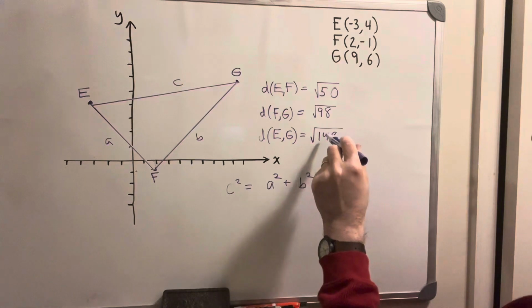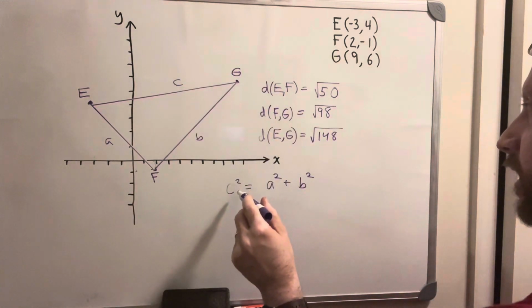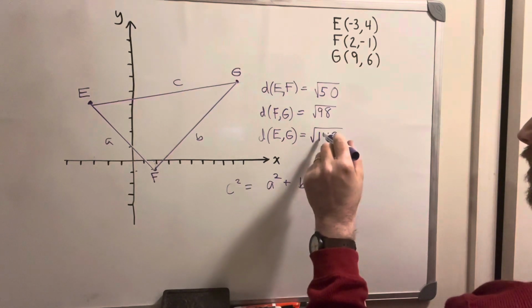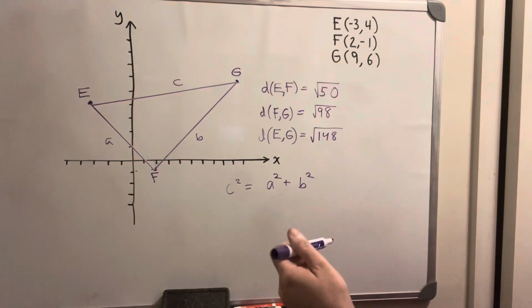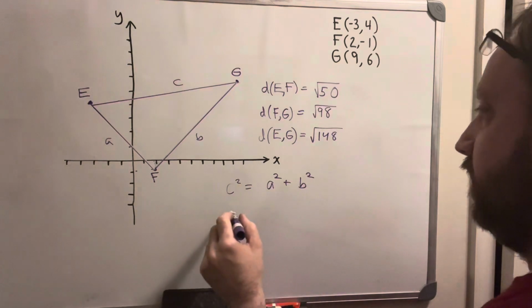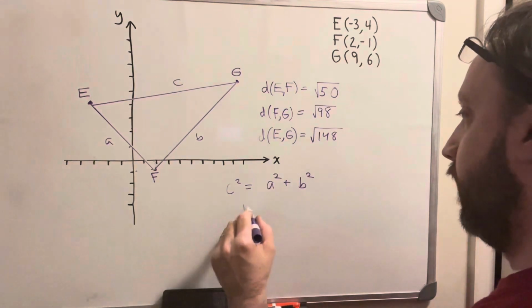So now we can tell that this is the hypotenuse. Now, to make sure that this squared equals this squared plus this squared, because that's the criterion for it being a right triangle, the square root of 148 squared is 148.